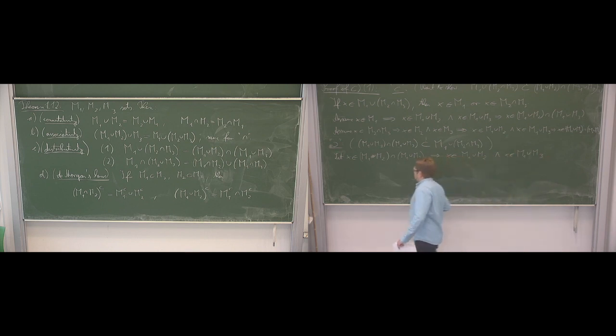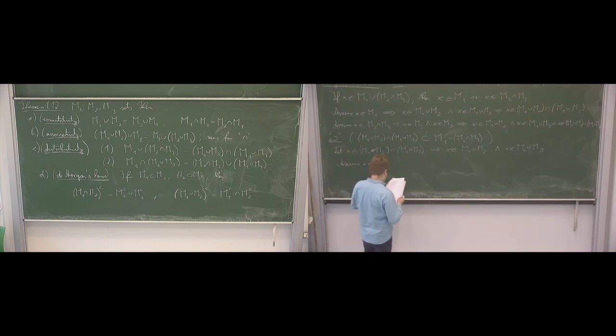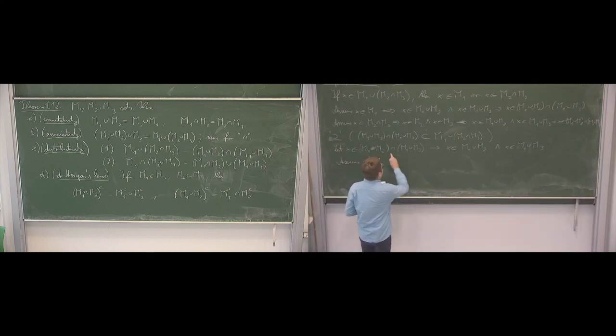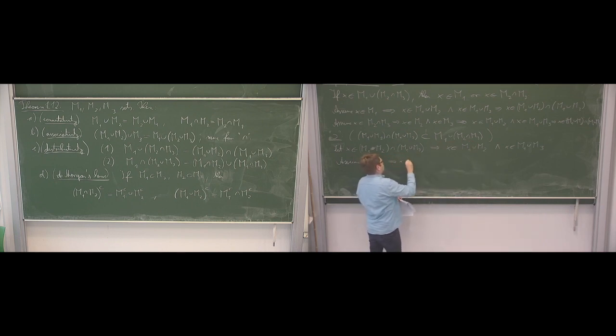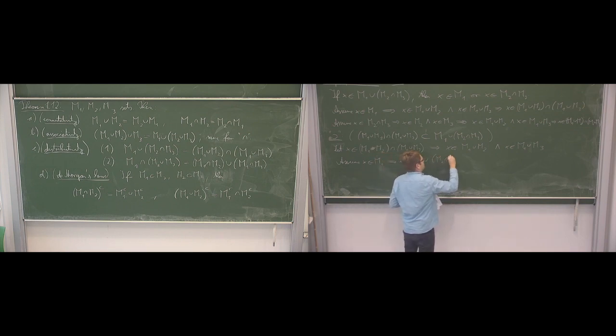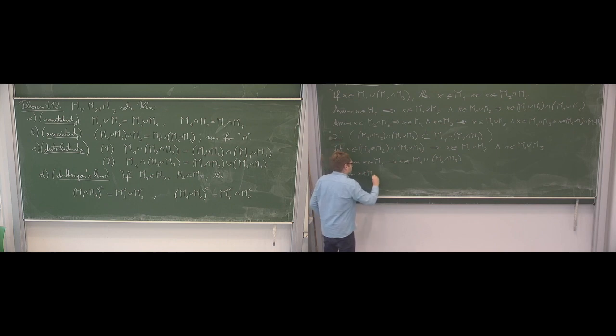Now there are multiple things that can happen. We first again assume the case that x is in M1. If this happens, it's clear that because this is just increasing M1, it directly follows that x is in M1 union M2 intersected with M3. So then we're done, because there's nothing to show. Now, what happens if x is not in M1?